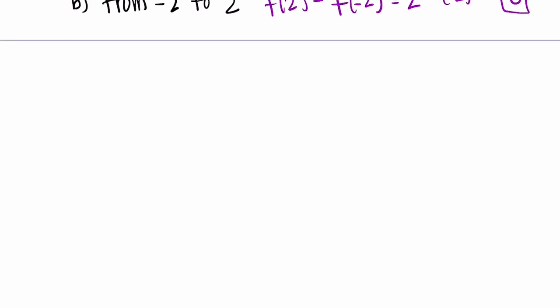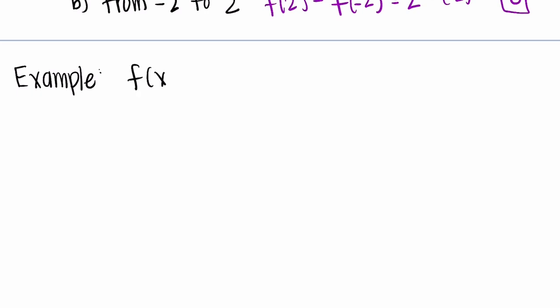Next thing. So the next thing we're going to look at is, we're going to do our function notation, but we're going to do some stuff with it. Talk about what's called the difference quotient. So for this example, I'm going to give you a function.